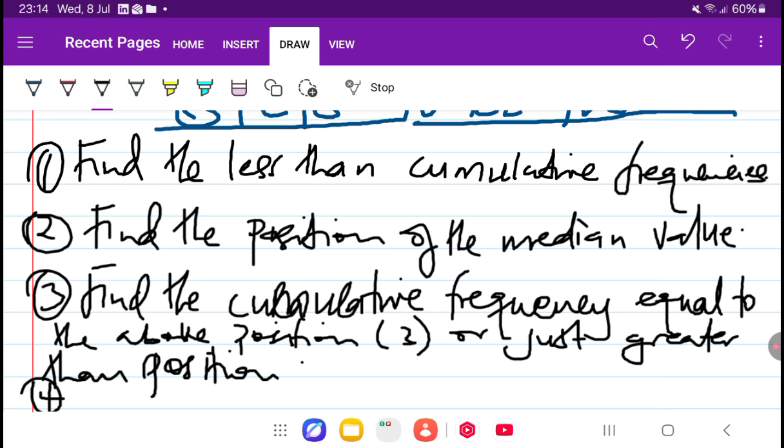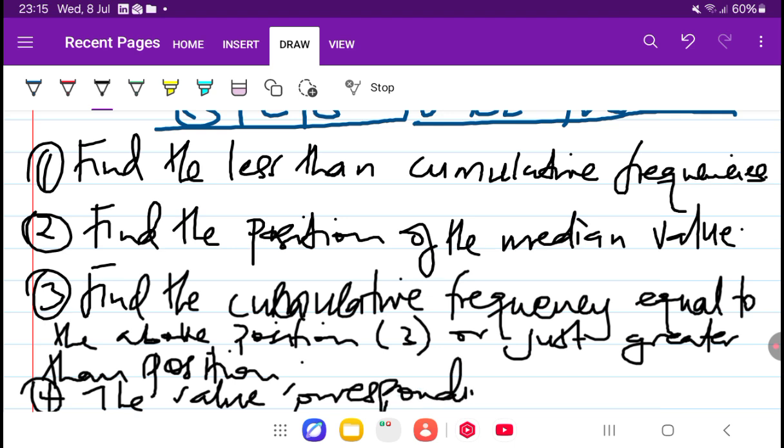Then the fourth step is for us to locate the corresponding value. Of course, the value corresponding to step 3 above is the median.